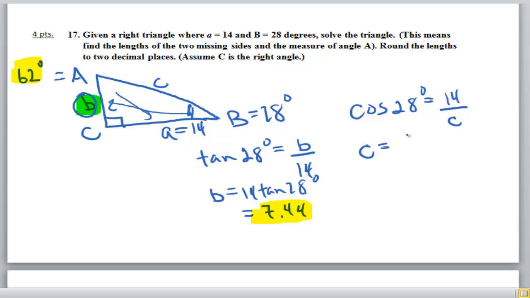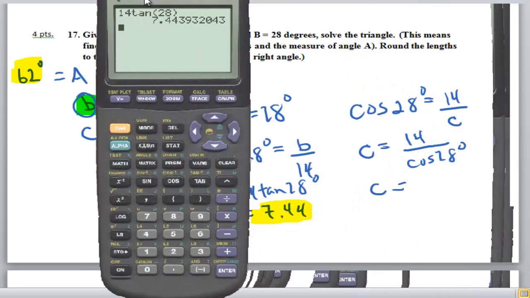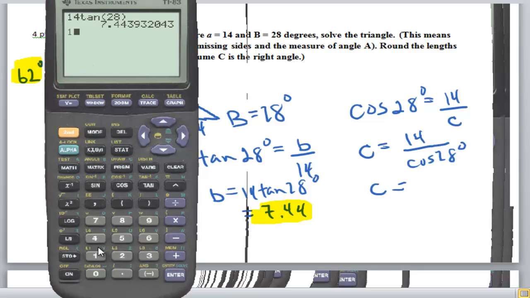So C is going to be 14 divided by the cosine of 28. And that's going to give me 15.86.